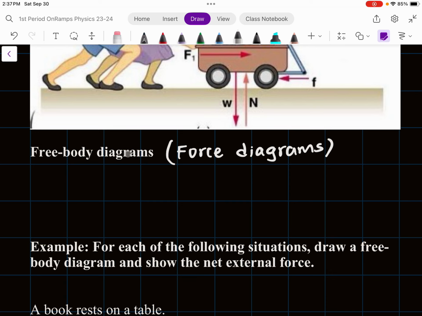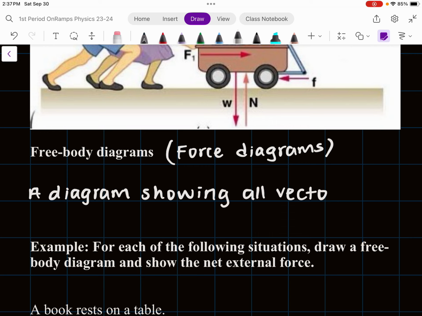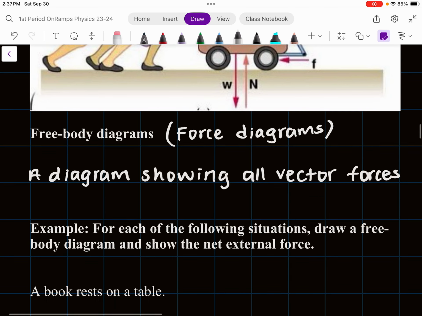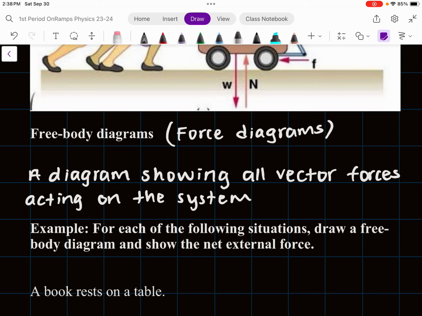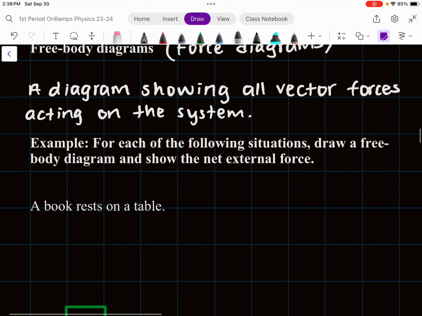A free body diagram is a diagram showing all vector forces acting on the system. The best way to learn free body diagrams is by practice. Okay, so let's do a few examples.